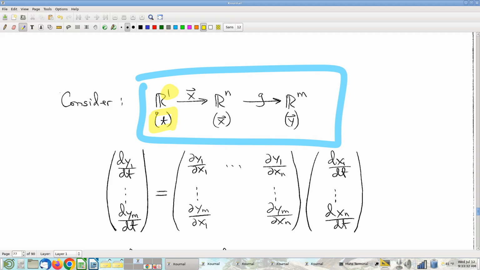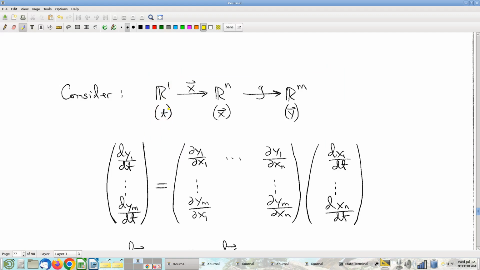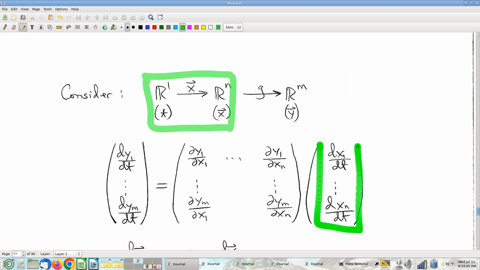Okay, so if x and y are all eventually functions of time, let's write down the matrix version of the chain rule. Now there's only one input variable, so there's only one column.